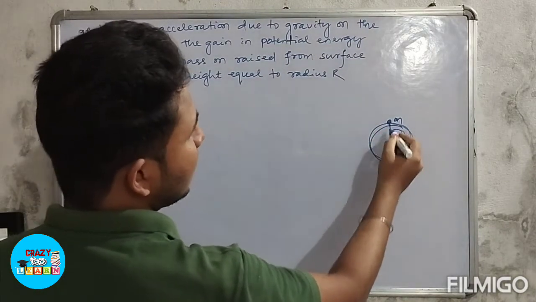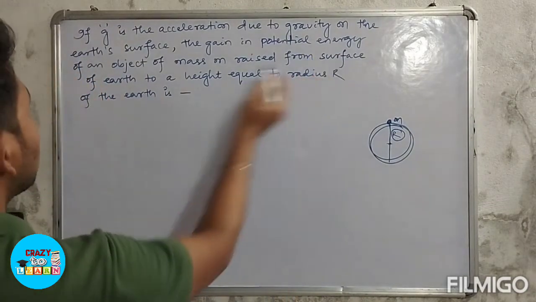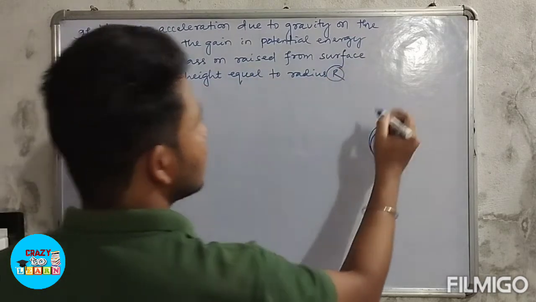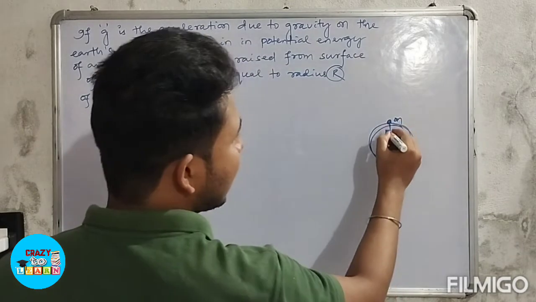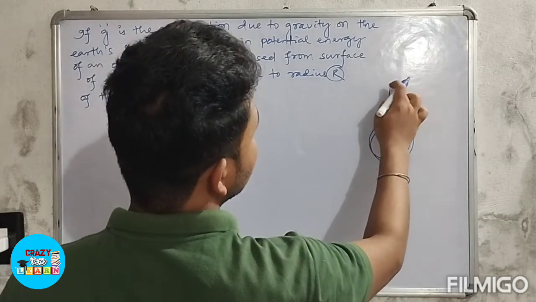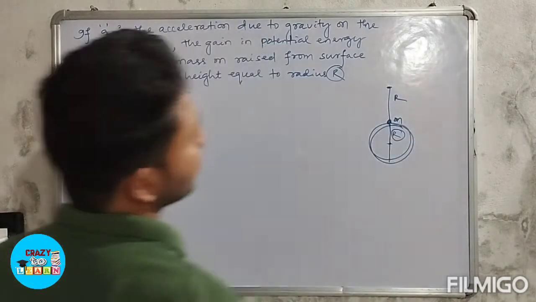It is equal to the radius of the earth. Now it is raised from the surface of the earth to a height equal to the radius r. The radius was r, increase it again by r. Okay, the object is raised by a distance of again r.